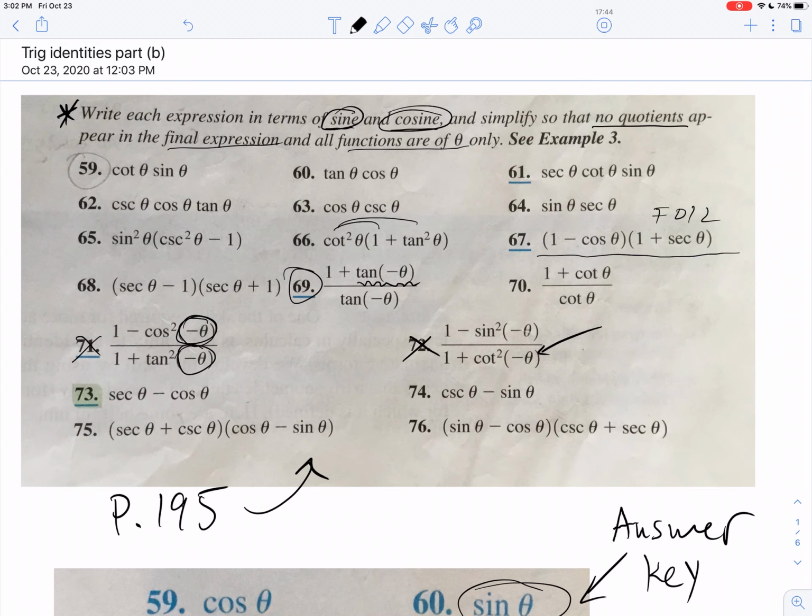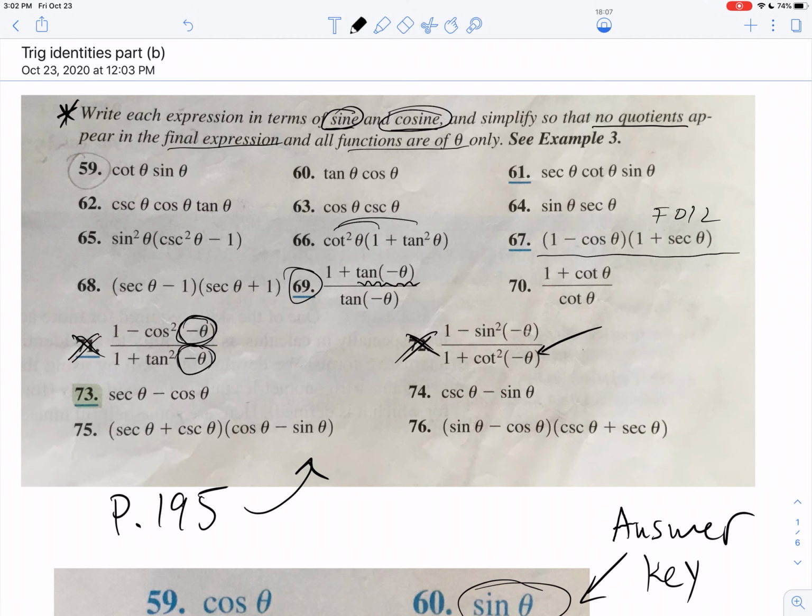But what they want you to do is then try to simplify everything down, so you don't have any quotients, and you just have regular theta, no negative thetas. But these ones we're going to come back to. We'll do these later.